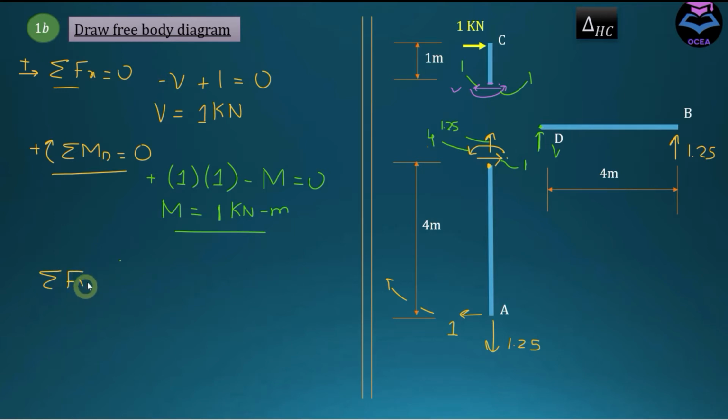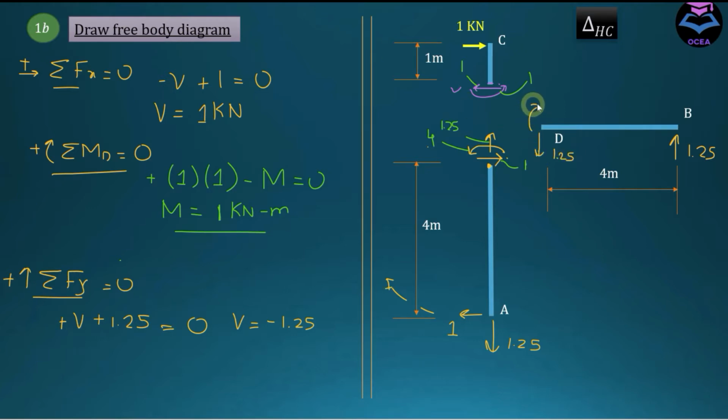Let's sum up the forces in y direction and take upward force as positive, and we have this V which is going up and it's going to be positive, and this 1.25 is also going up, and we don't have any force here, so this is going to be 0. And if we calculate V from here, it's coming out to be minus 1.25. The negative sign here indicates that the direction of force that we assumed is incorrect. This should be going downward.